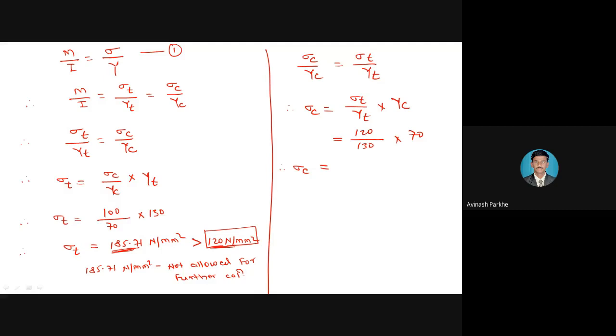What is the value of sigma c by putting the value sigma t 120? 64.61. 64.61 Newton per mm square, and this is less than 100 Newton per mm square. Now please tell me, then which value we have to take for the calculation? Either 64.61 or 100 Newton per mm square.